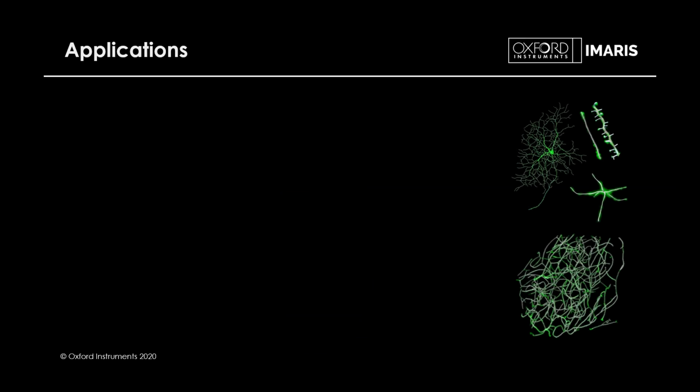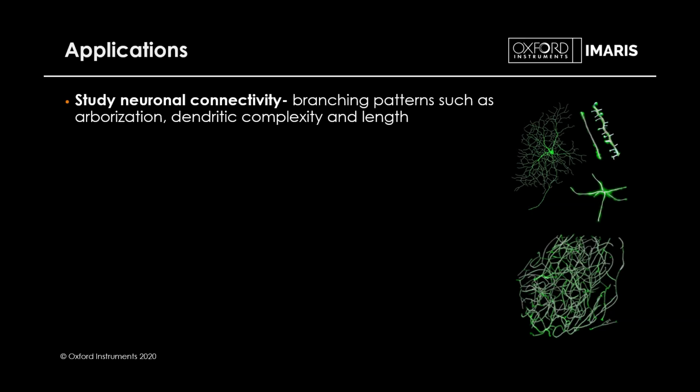So before I move on to Imaris, I would like to just take a minute to briefly mention some examples and applications where filament tracer has been used quite extensively. Firstly, in the field of neuroscience, in the study of neuronal connectivity, where we would like to study the branching patterns of neurons, such as their polarization, the dendritic complexity and length.